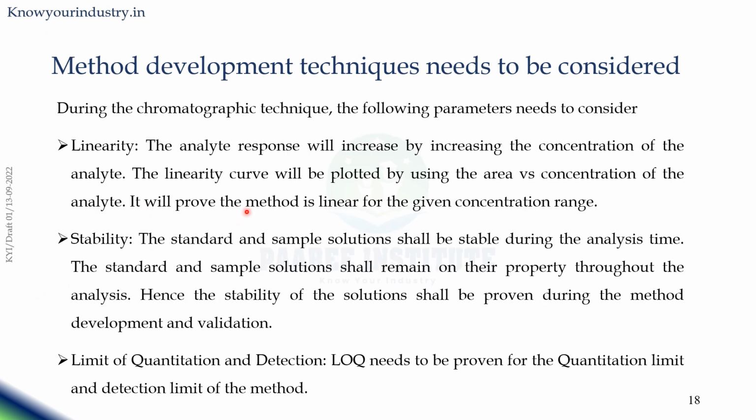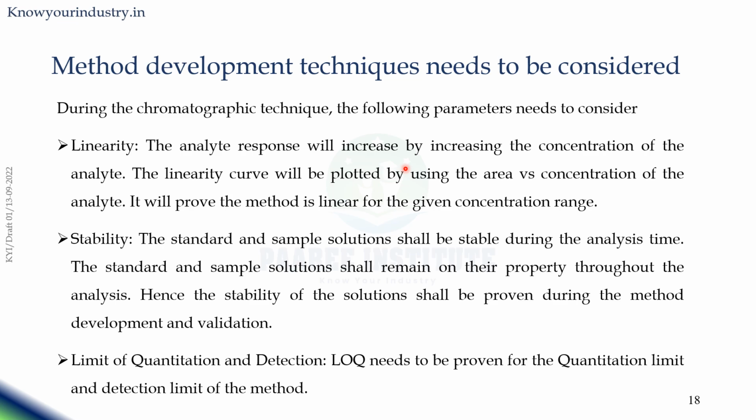Then the other critical parameters which you need to verify during the method development include linearity. The linearity of the method means the increasing concentration of the analyte should give an increasing analyte response.